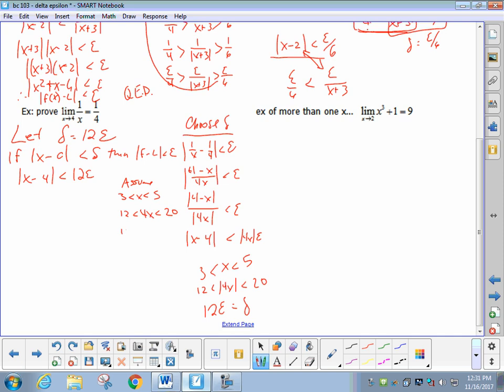I suppose at some point you could slap absolute value on it because that's all positive anyway. If it's between 12 and 20, it's most definitely positive. And at some point you get an epsilon. How are we doing, people?